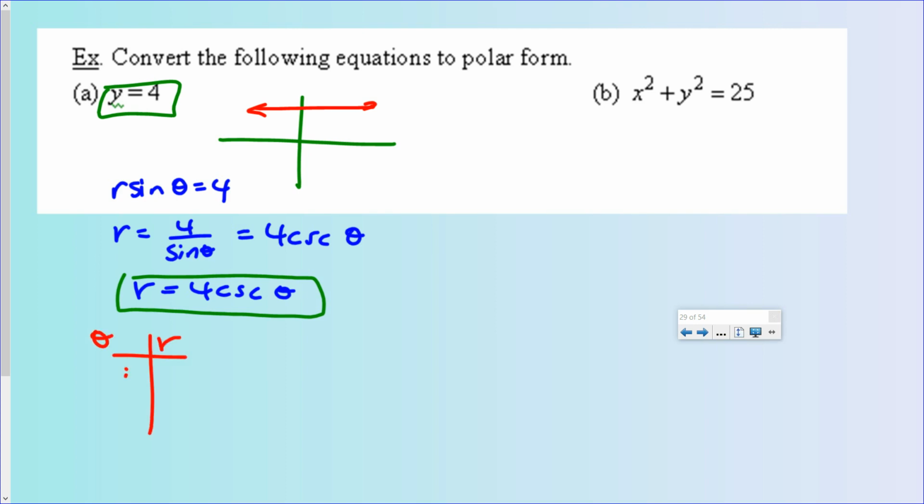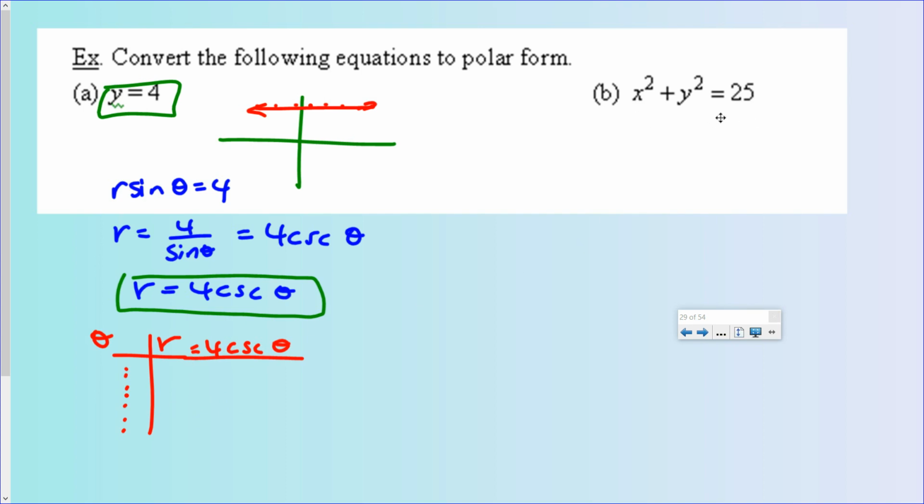You did this last night, okay? You would do r equals 4 cosecant theta, and then you would just plug this in, and actually what happens is you would get points that are all linear, and it would be a linear graph. You'd also get a headache, but you'd also get that line. So if you want to, you can go home and graph this. You know how to do it, and you'll get points that look like that.